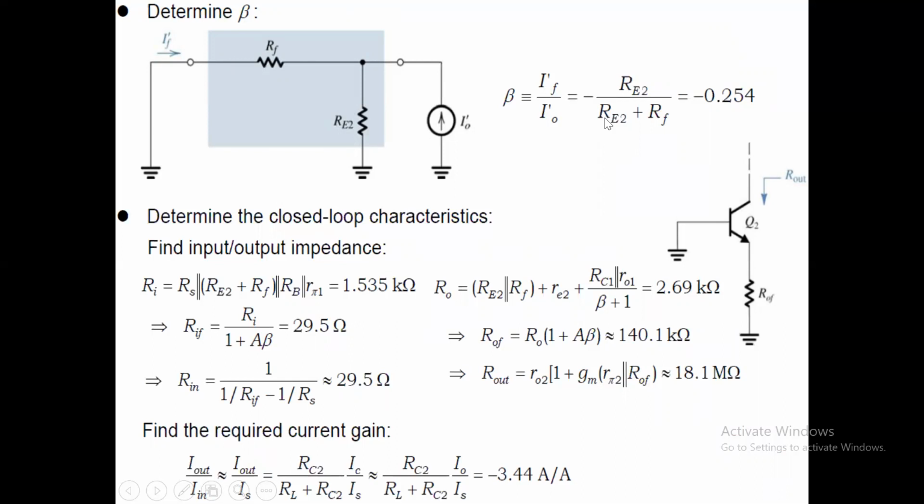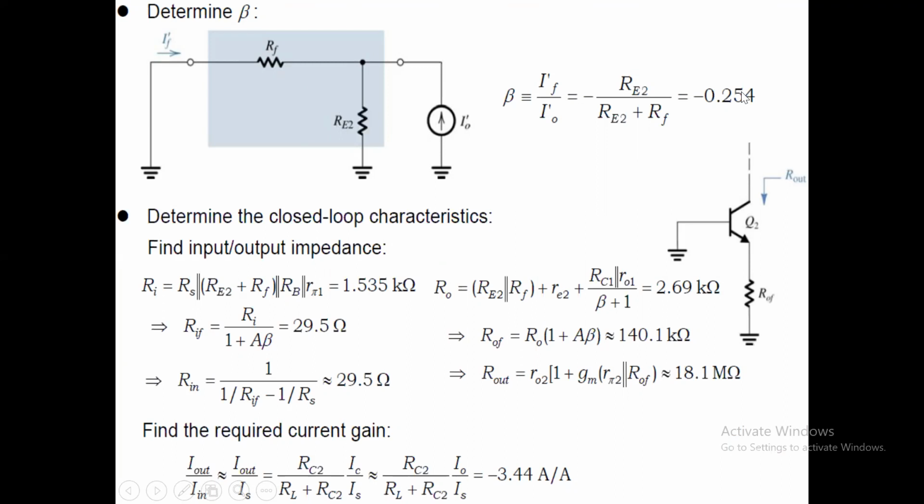So minus of RE2 divided by RE2 plus RF. The current which is flowing like this will be I naught dash multiplied by RE dash divided by RF plus RE2. The current which is flowing like this, which is IF dash, will be minus of that. That is why we have this, and hence we will be having this value.